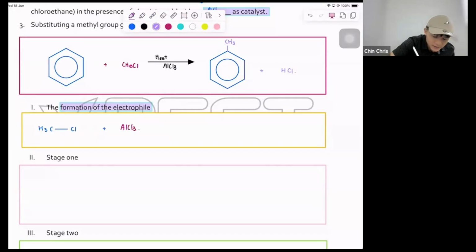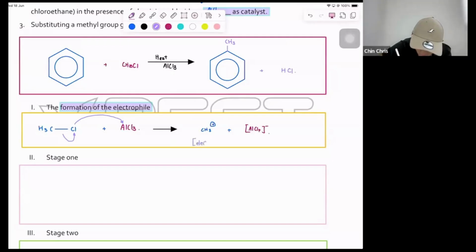What's going to happen is that this bond will break heterolytically and Cl will combine with Al, eventually forming an electrophile, which is CH3+, and AlCl4-. Do you see that this is our electrophile? So the first step is always to generate our electrophile.